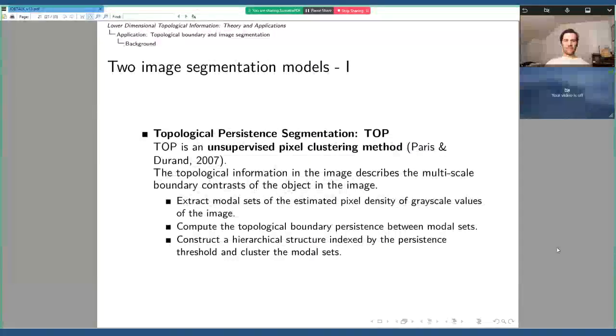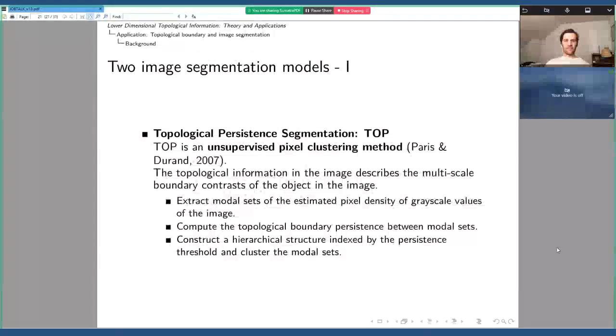It is an unsupervised pixel clustering method consisting of basically 3 steps. First, it extracts the modal set of the estimated pixel density of grayscale values of the image, because the grayscale two-dimensional image consists of a batch of points: x coordinate, y coordinate, and the grayscale value between 0 and 1.